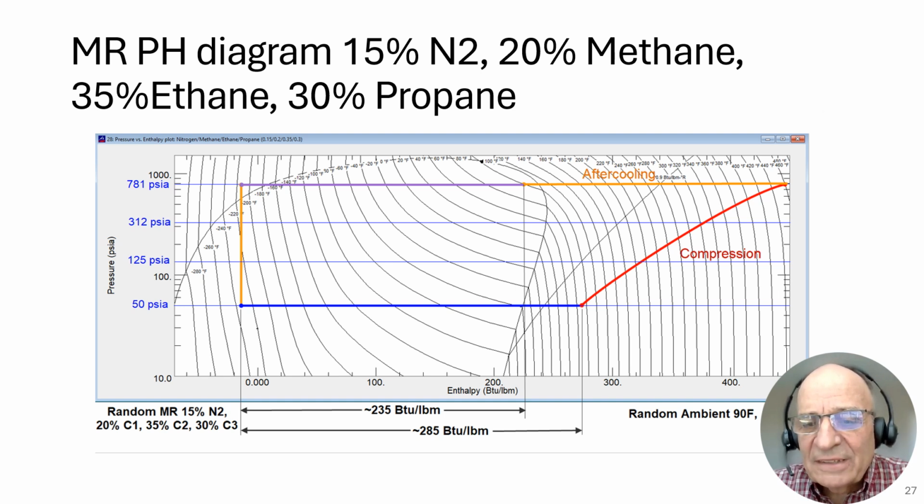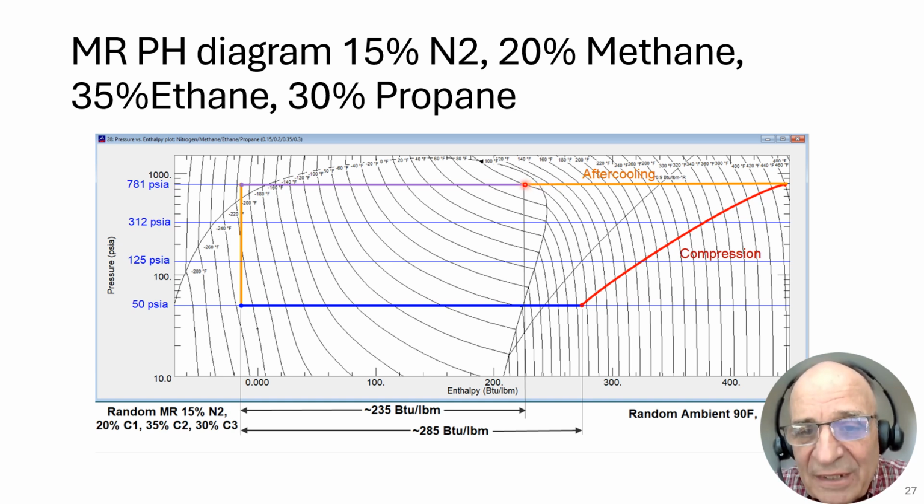So let's take a look at the process. We compress the gas way up, high temperature, high pressure. We go into aftercooling. This is cooling to the atmosphere. And at some point, we're going to be cooling to this stream below here. Once we get below ambient temperature, the only place we can cool to would be to this stream that's down here. And we're cooling right now.